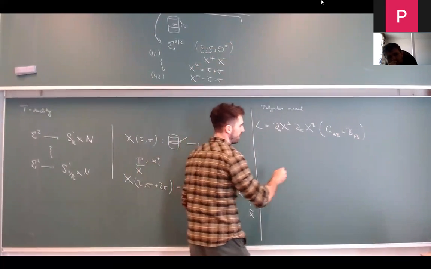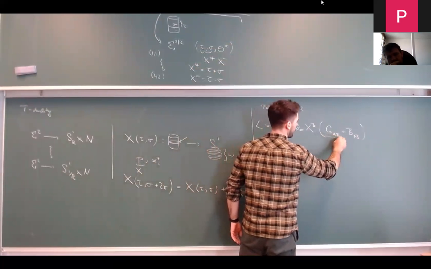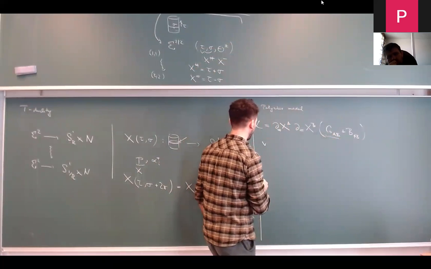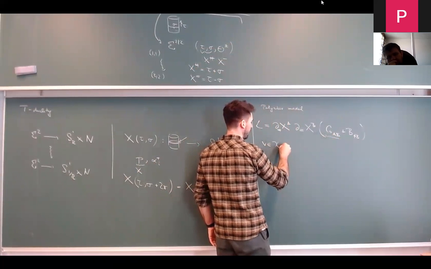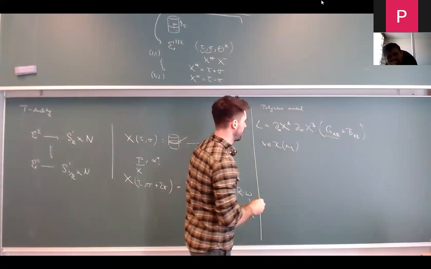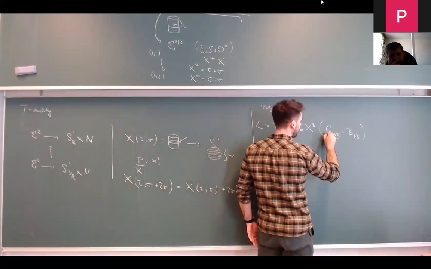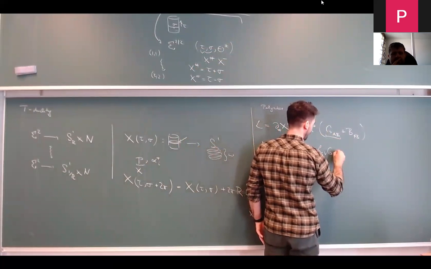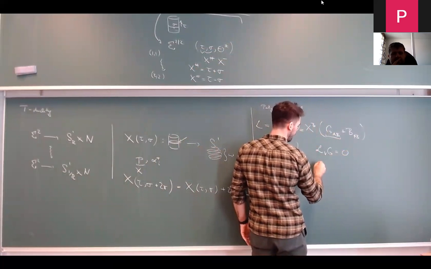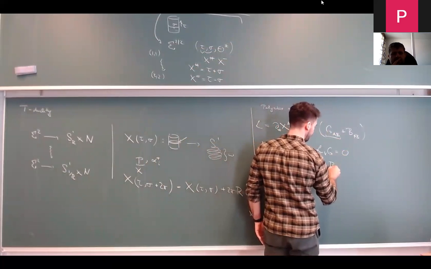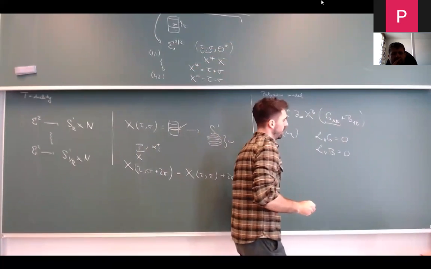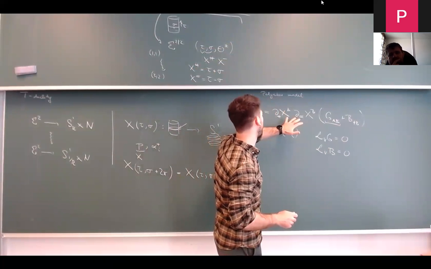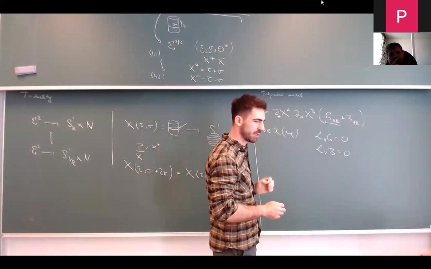Provided I have an isometry, meaning that there's a Killing vector in the target, a vector in the target along which the G and B are constant, it turns out that this model has a rigid symmetry.